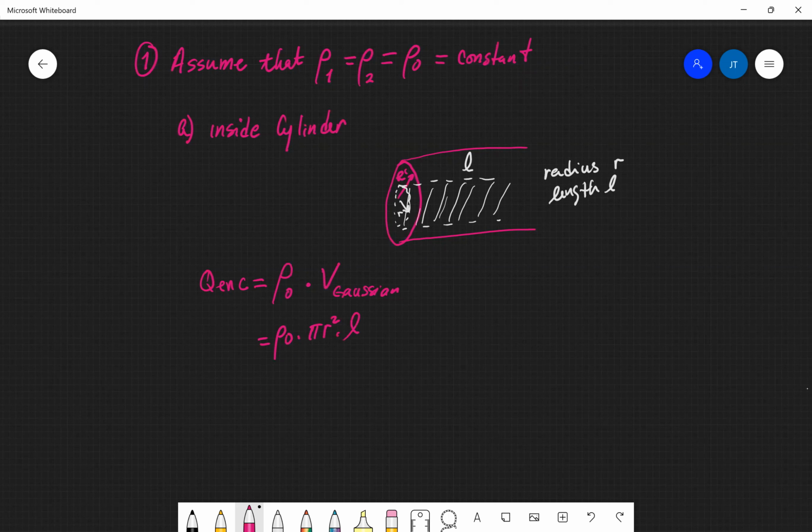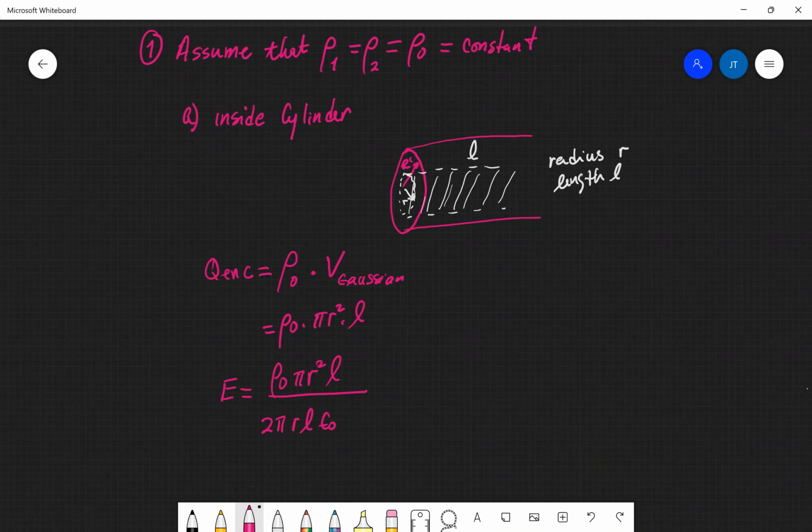So now that I know what Q enclosed is, E equals rho 0 pi r squared L over 2 pi r L epsilon 0. Pi cancels, one of the r cancels, the L cancels.